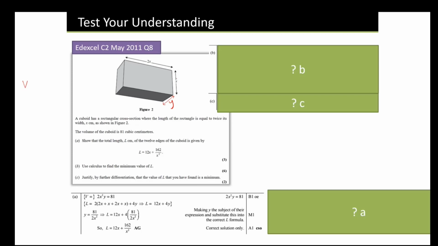So that's, let's do that dotted line there, that will be the cross section. So we've got your xy there times 2x. So V equals xy times 2x, which gives us 2x squared y, and we know the volume equals 81.